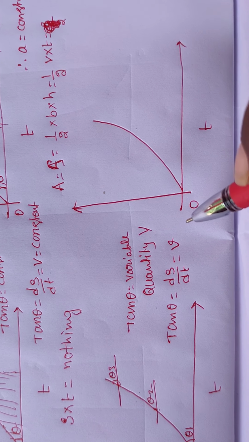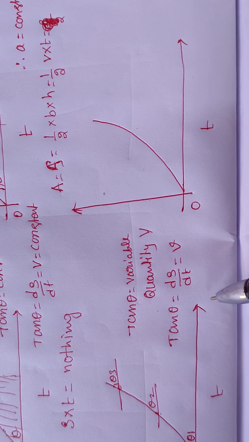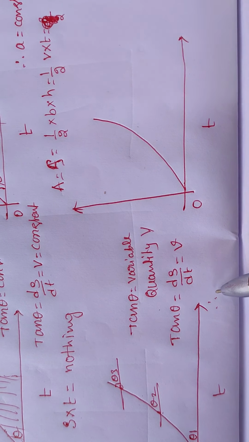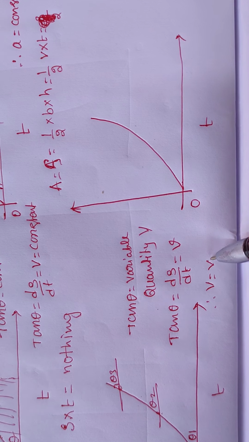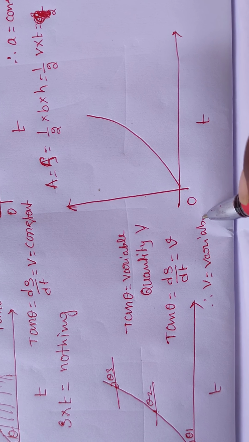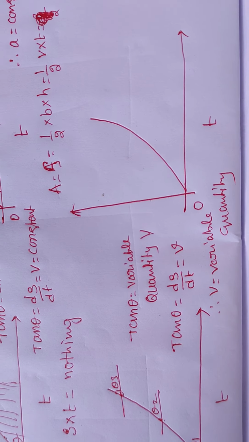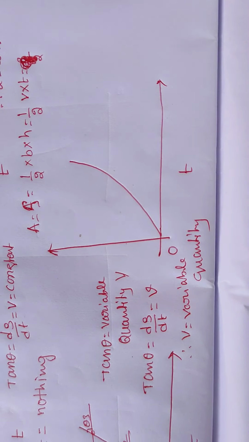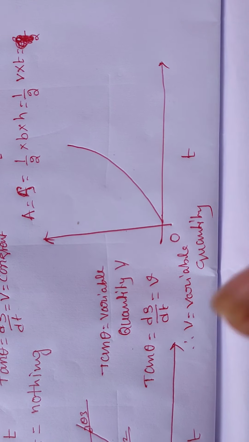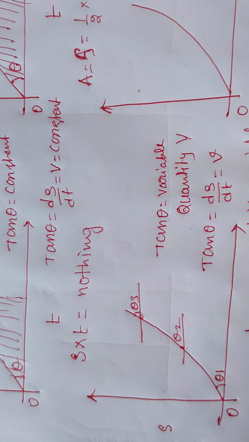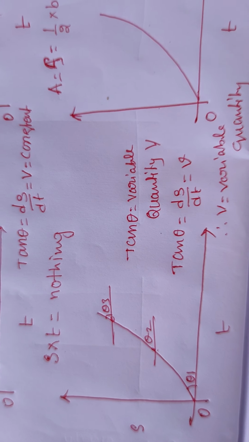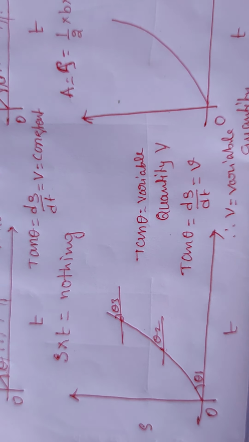Then we give the conclusion: velocity equals a variable quantity. Understood. It is variable and this velocity is increasing velocity.